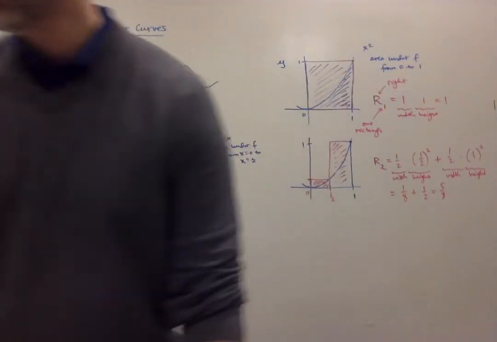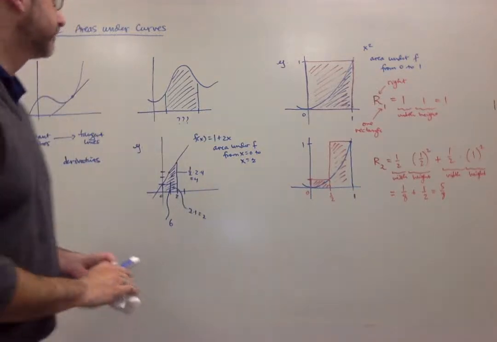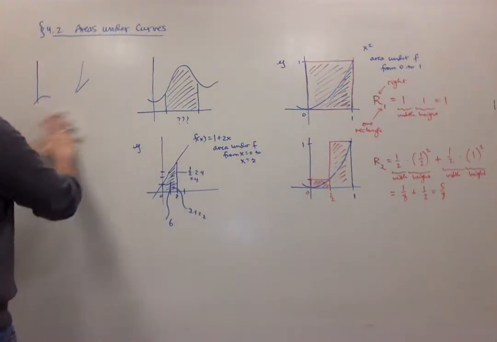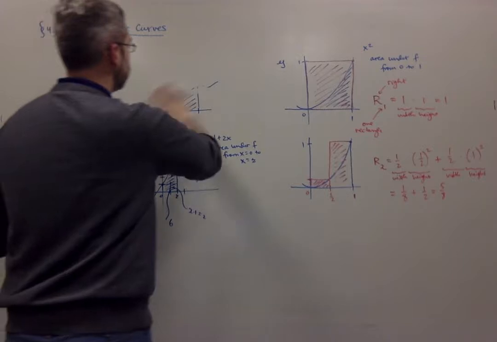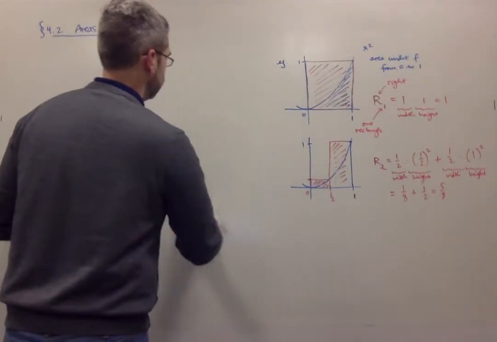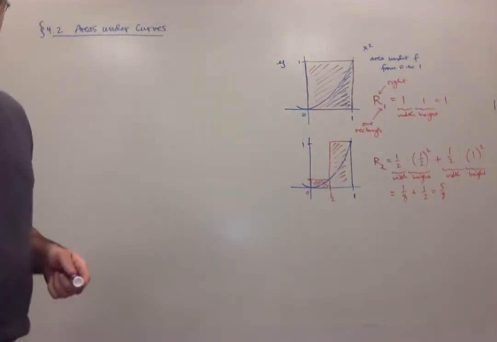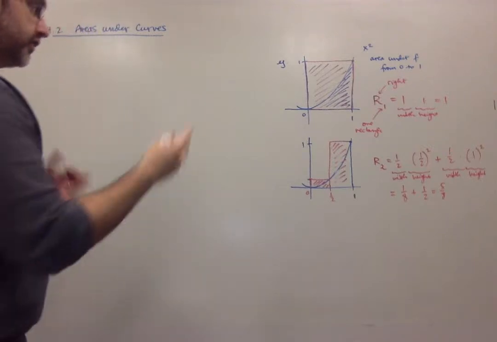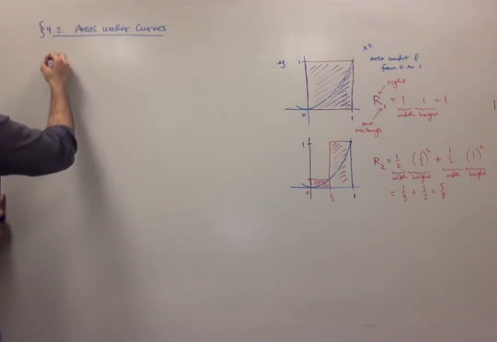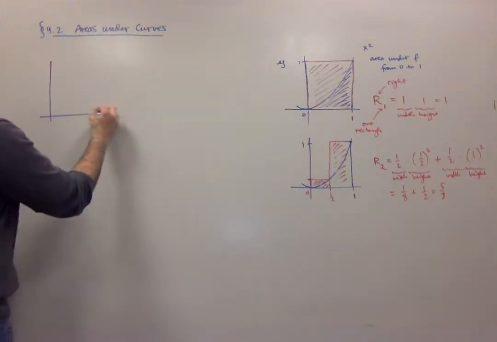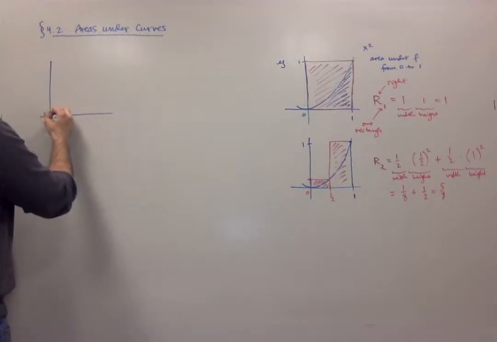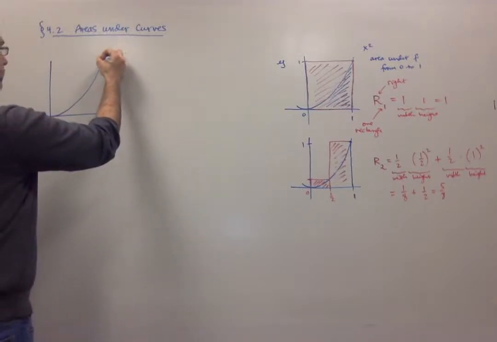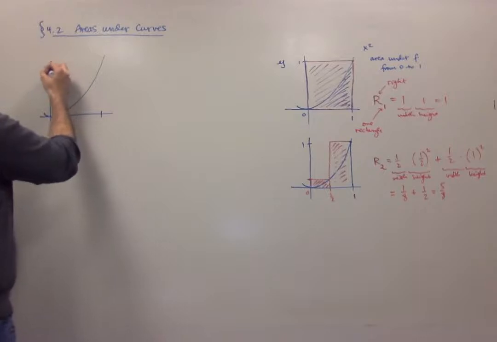Could we make it better? How could we make it better? We could use more rectangles, right? So we could use 3 rectangles. I'm going to draw 4 here. I could have used 3, there's nothing special here.